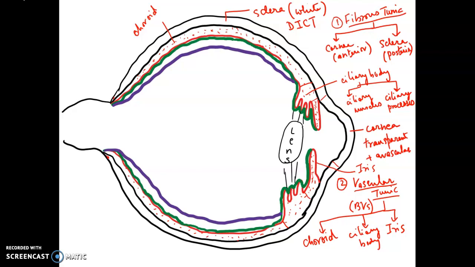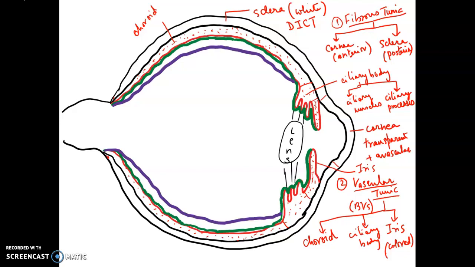And remember, the iris is actually the colored part of your eye. Okay? One thing that you must remember, the vascular tunic is highly vascularized, meaning it has lots and lots of blood vessels. All right?